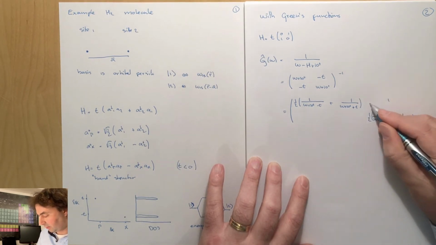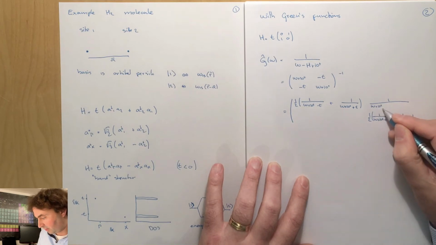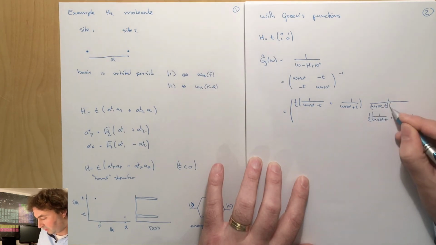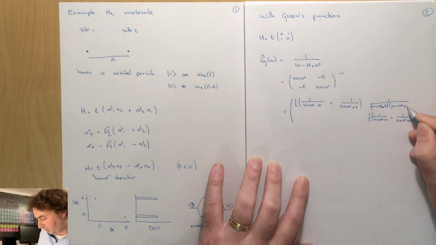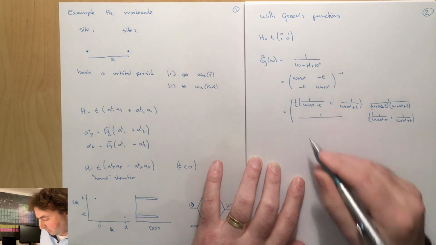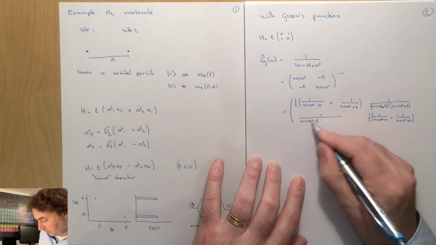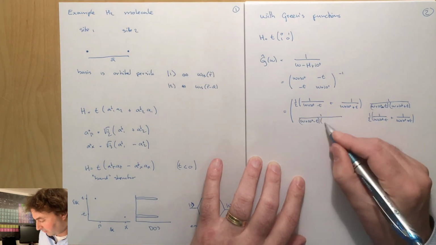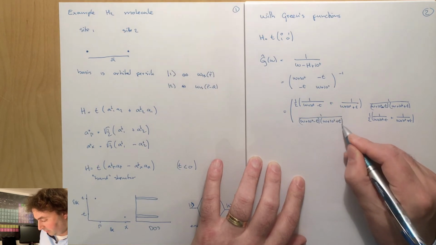And on the off diagonal, 1 over omega plus i0 plus minus t times omega plus i0 plus t. And the matrix is symmetric.